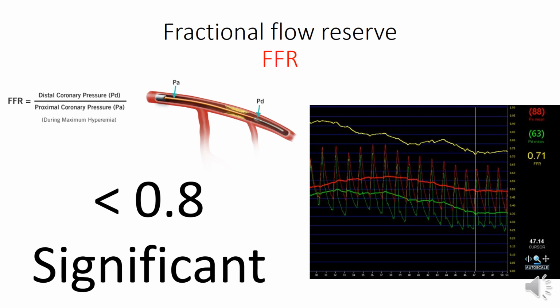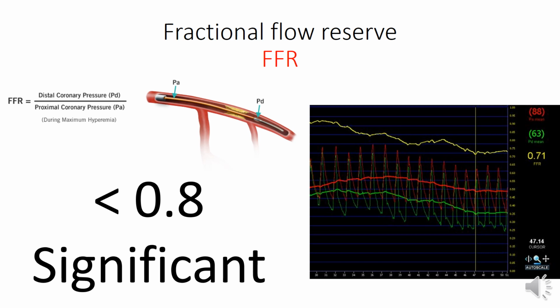Another more physiological and reliable method is assessment of the fractional flow reserve, or what is called FFR. Simply, it utilizes the equation that flow depends on pressure and resistance. When we neglect the resistance by giving a vasodilator drug like adenosine, in this situation the flow can be replaced by pressure, or in simple words, flow equals pressure.